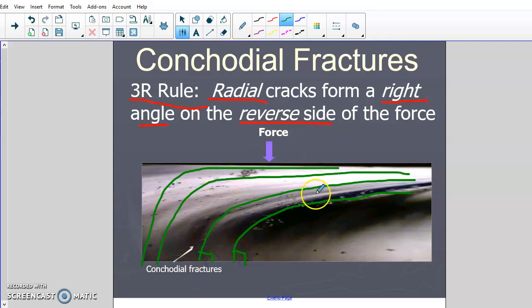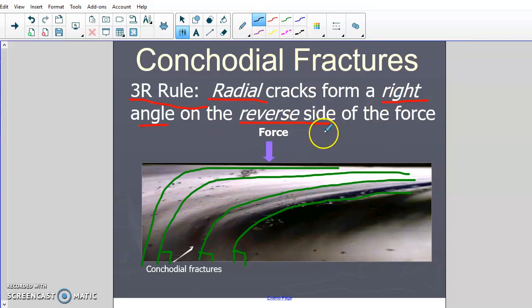So they're kind of parallel up here, and then they come down and form a right angle down here at the bottom. Because the right angle is down here, the force came on the reverse side. So the force hit the glass up here to form the right angle down here. So radial cracks form a right angle on the reverse side of the force.